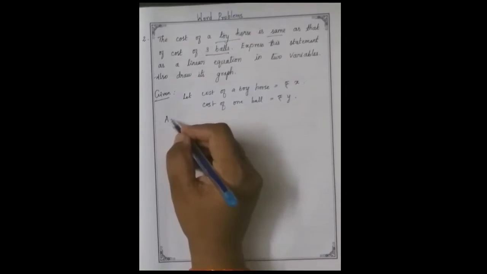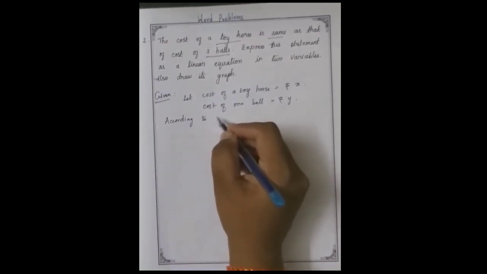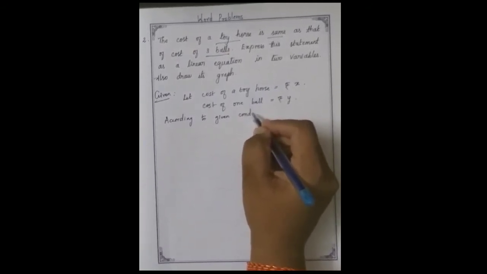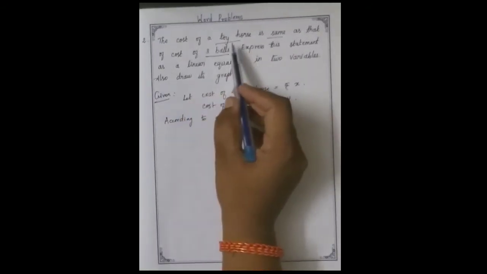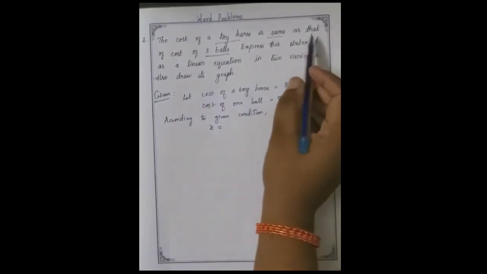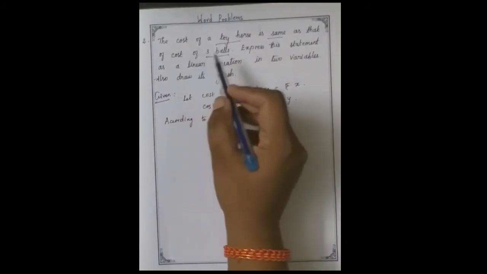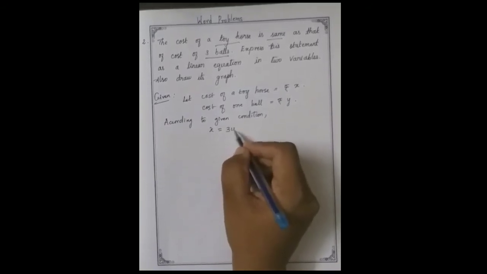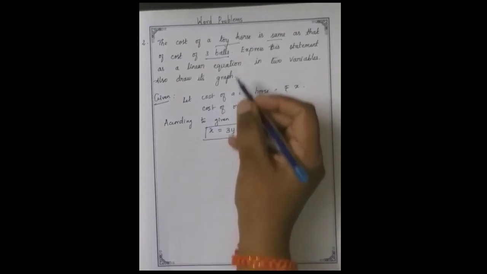According to the condition given in the question, we can write: cost of toy horse is the same, that is x is equal to, same means equal to, the cost of 3 balls. 1 ball is y, 3 balls is 3y. So this is the equation for this question.